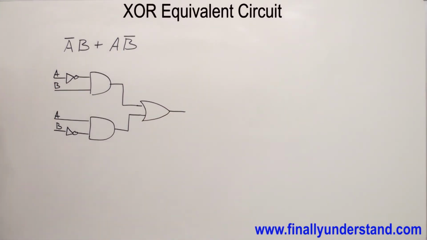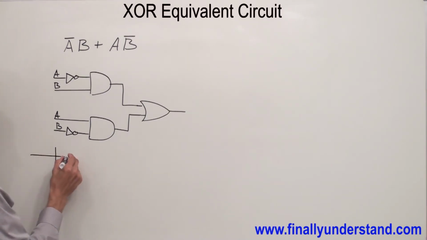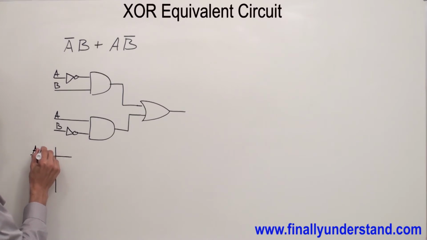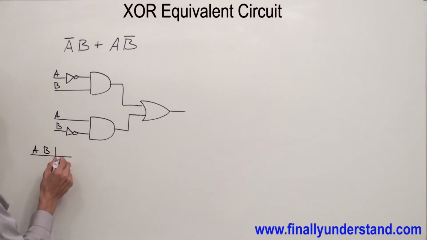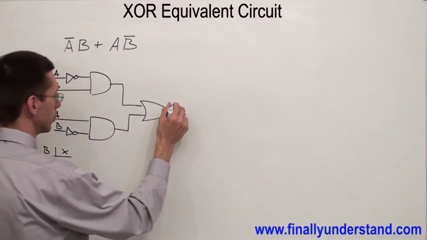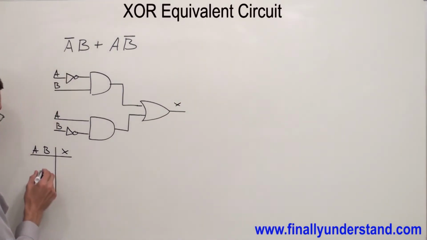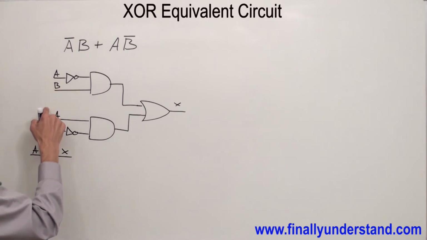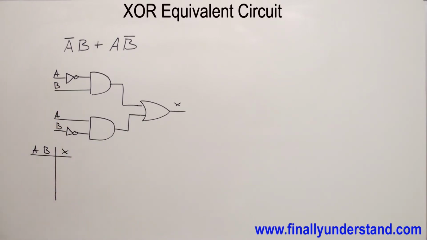Okay. Next, we're supposed to find the truth table of this circuit. So I have A, B, and this is my output, which I'm going to call X. Because I have 2 inputs, A and B, I'm going to have 4 combinations: 0, 0, 0, 1, 1, 0, 1, 1.